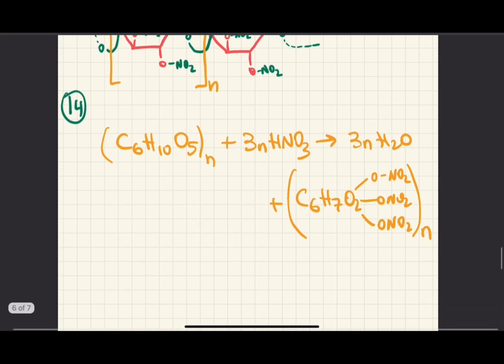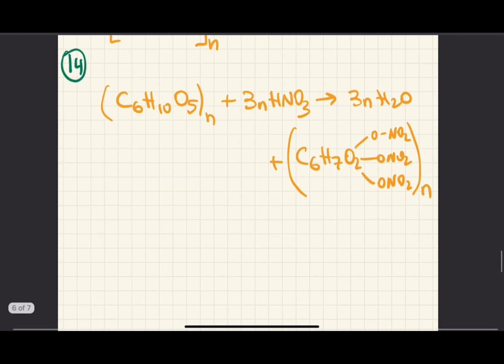Now, before we move forward, I wanted to write this in here for cellulose trinitrate, just a compressed version. I have 6 carbons, I have 7 hydrogens, we have in here 2 oxygens, and then 3 in here, and then we have 6 in here.